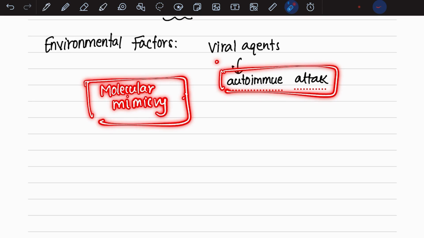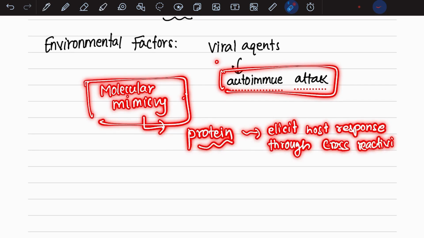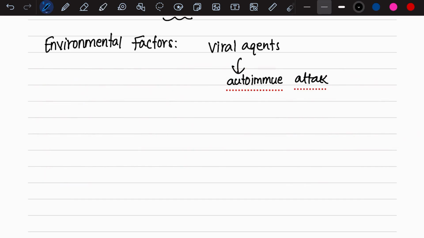In this, the virus produces a protein that elicits the host response through cross reactivity, which we call the molecular mimicry pathway. These are the environmental factors associated with type 1 diabetes.